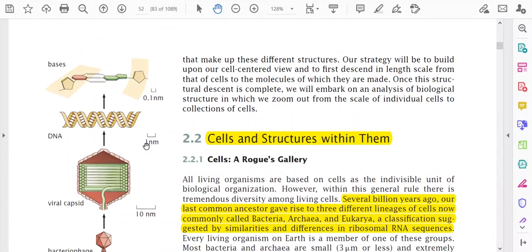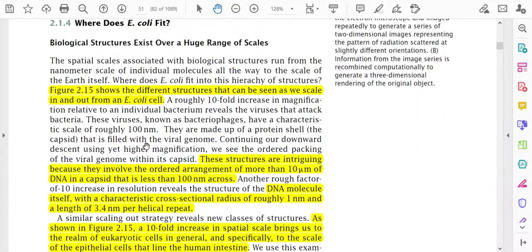Spatial scales means the size associated with biological structures. It may be mentioned that the size or scale associated with biological structures runs from the nanometer scale of individual molecules all the way to the scale of the earth itself.